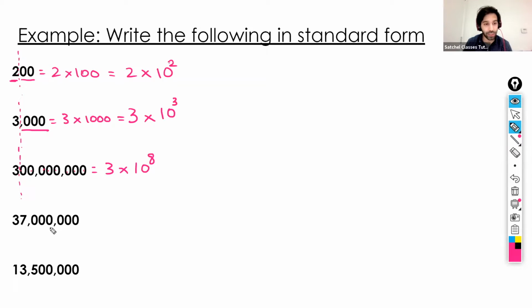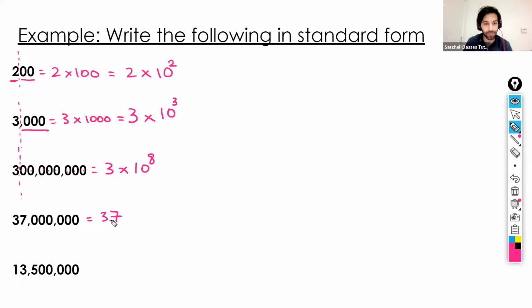Now here we have 37. So again, we need to write both non-zero integers. So we need to write 37 here. However, we said when we write numbers in standard form, our first number has to be between 1 and 10. So it can be 1, but it can't be 10.